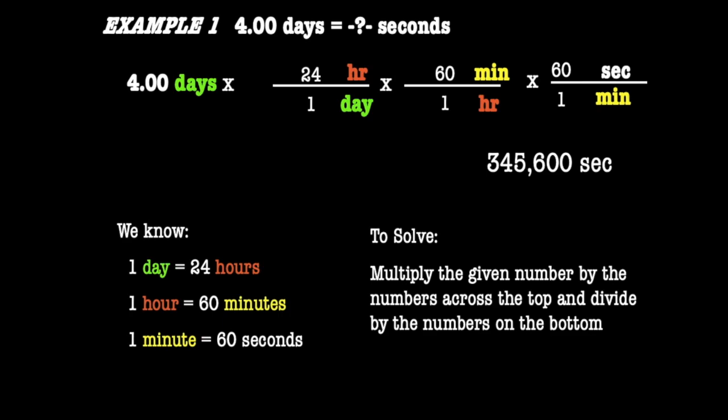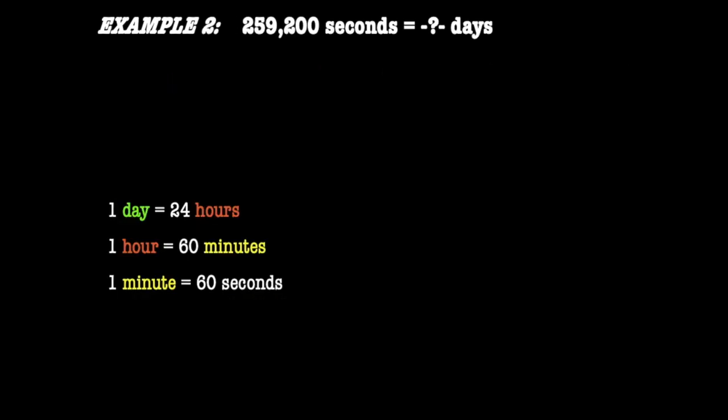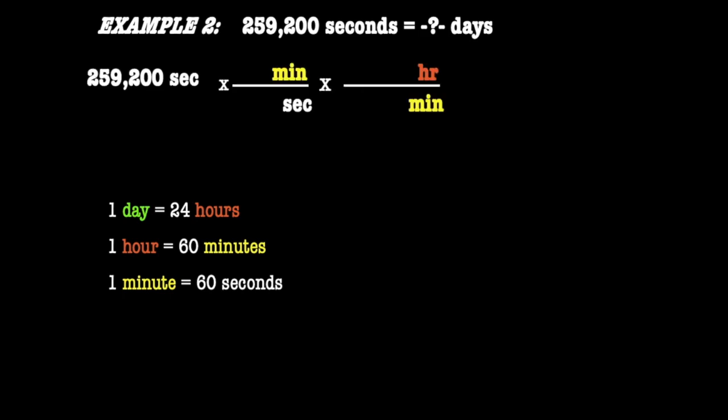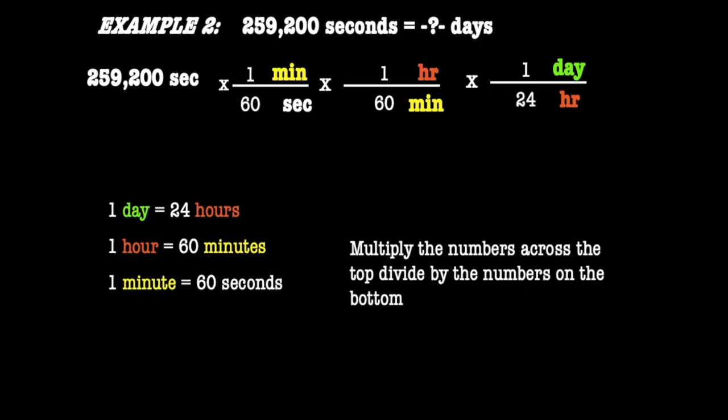And so you're going to end up with 345,600 seconds. So here's a similar problem. Again, we're crossing out our units. We figure out we get to days. From our conversion factors, we fill in the numbers. Multiply the top, multiply the bottom, divide the top by the bottom, and you get 3 days.